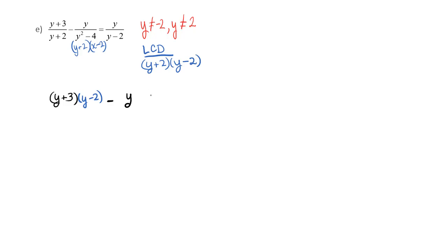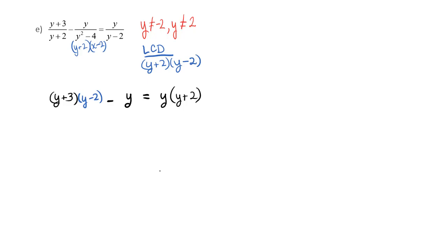I'll then have an equal sign, and I'll multiply my LCD to the y over y minus 2. My y minus 2 will divide out, and I'll be left with y times y plus 2.